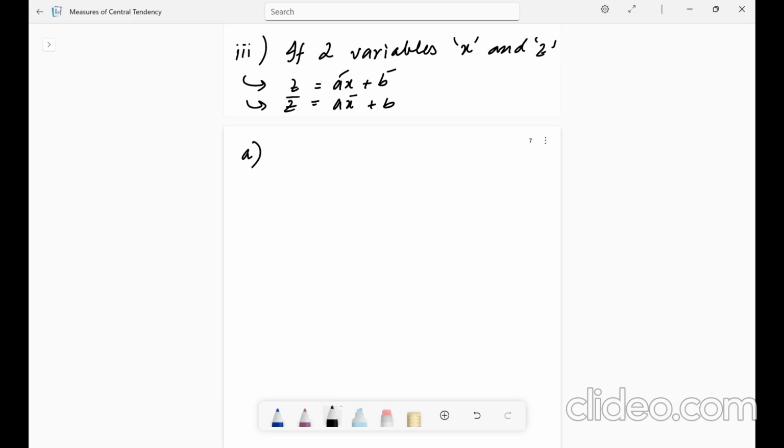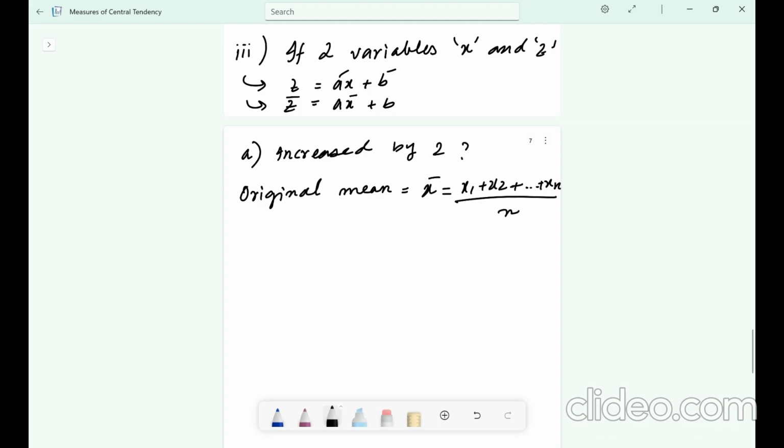How will your mean be affected if all the observations are increased by 2? Can you solve it? Let's start solving it. Let's say the original mean x bar is equal to x1 plus x2 and so on until xn divided by n.